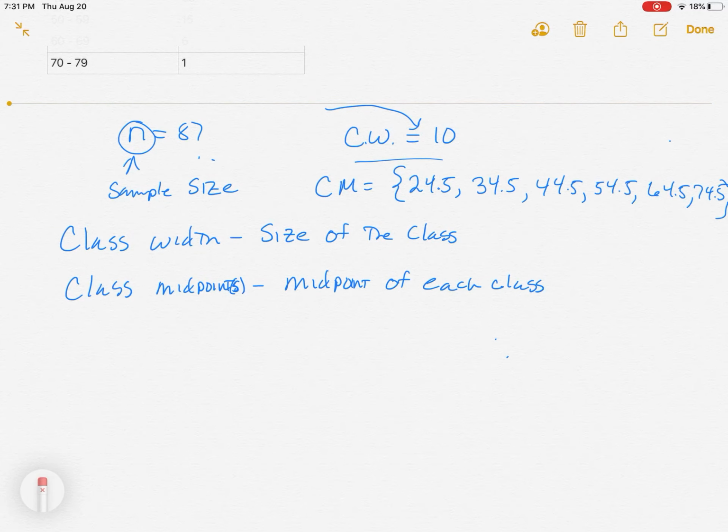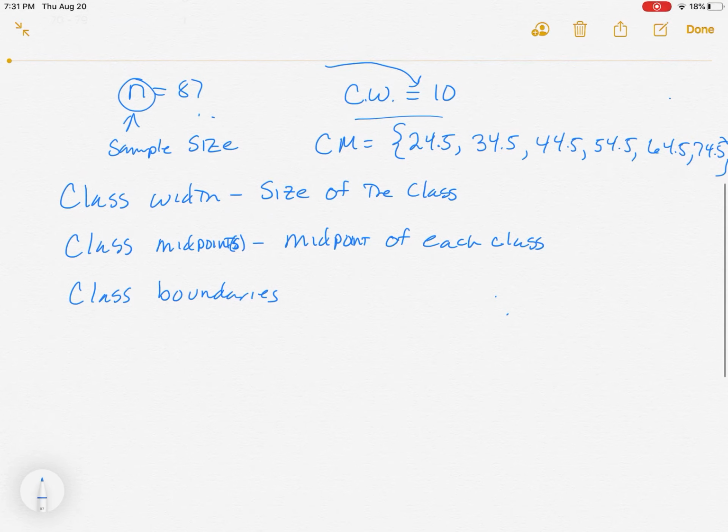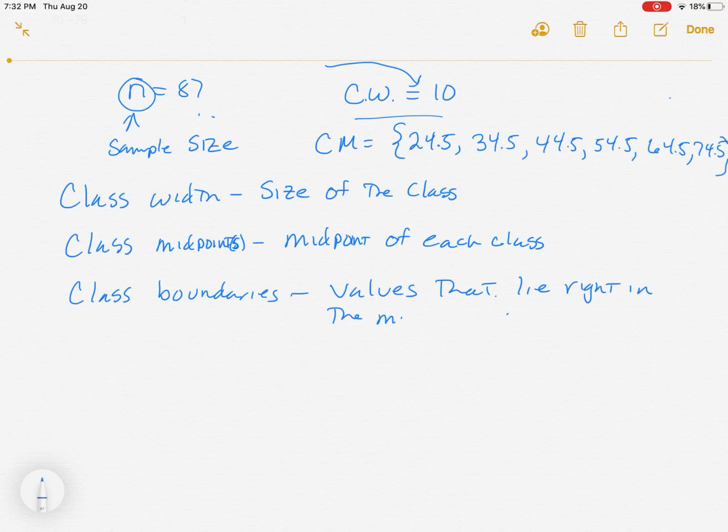The last thing is the class boundaries. Now the class boundaries, these are values that lie right in the middle of two consecutive classes.